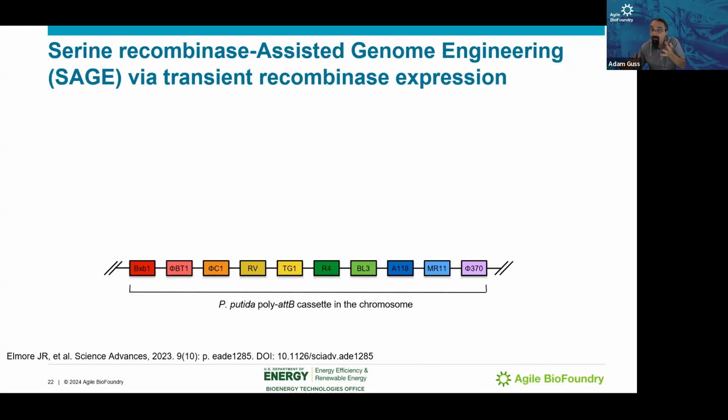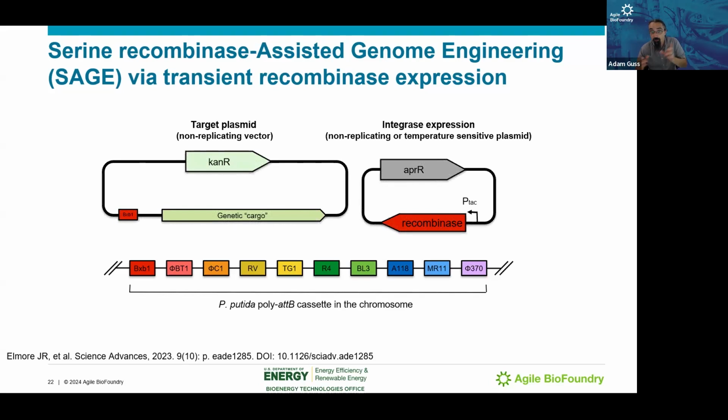So there are also a lot of different recombinases that can all be orthogonal with each other. And this is where this recombination becomes even more powerful. So what we'll do is we'll start by using traditional tools to insert a landing pad of recombination sites into the chromosome. Then next, we can co-transform two different plasmids, one of which expresses the recombinase transiently, and the other of which has the second recombination site and the genetic cargo that we want to insert into the chromosome.